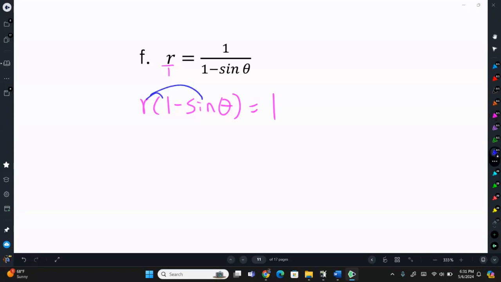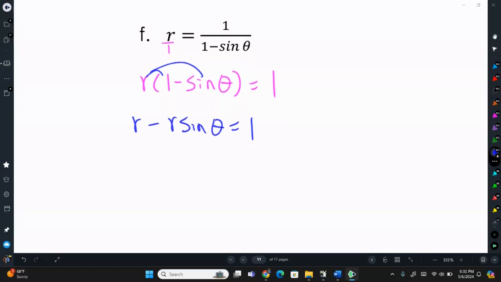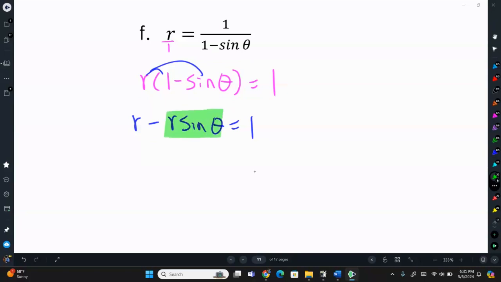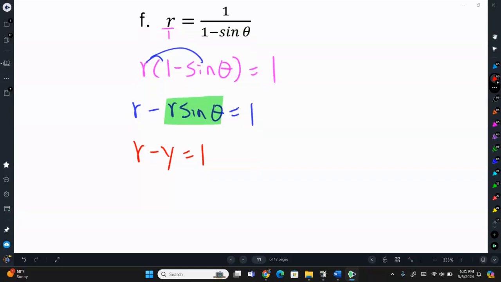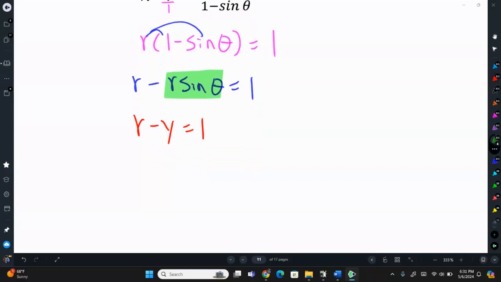So we can distribute this, so we get r minus r sine theta equals 1. Well, the r sine theta, that is equal to y, so r minus y is equal to 1. Then we can add y to both sides. R equals 1 plus y.